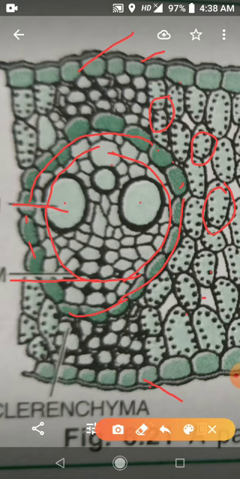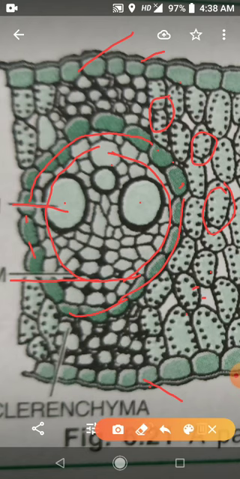And I told you, chloroplasts are numerous in the cells of bundle sheath. Chloroplasts are less in number, and small chloroplasts are present in the mesophyll cells.